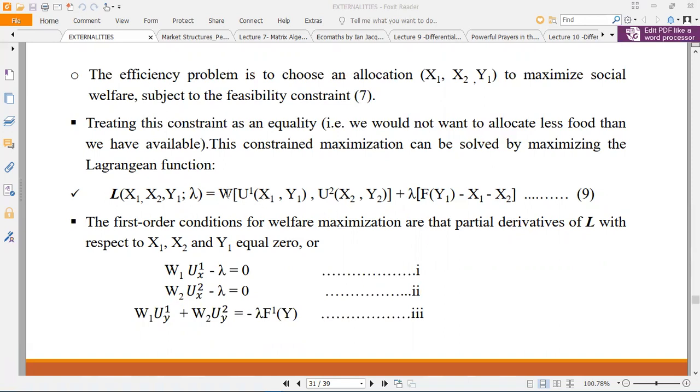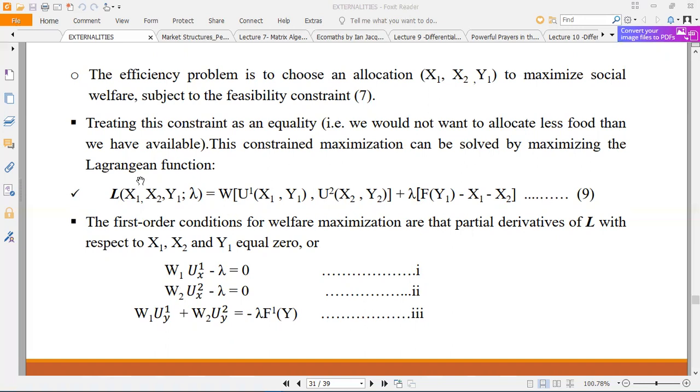When you differentiate the social welfare function with respect to U1, you get your W1. Then you differentiate the utility function with respect to X1, you get your U1X. So the first part becomes W1 U1X. Then when we go to the constraint, we have minus lambda X1, so differentiating this with respect to X1 gives negative lambda. So this is equal to 0.